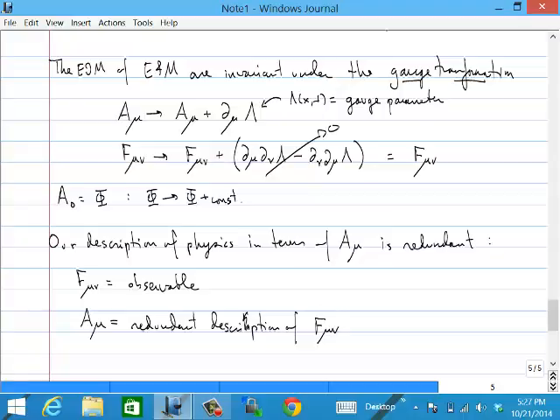The advantage of phrasing things in terms of A_mu, however, really can't be overstated, okay? Because the equations and the technology that we develop to describe electromagnetism is vastly simpler if we work in terms of the electromagnetic potential instead of in terms of the electromagnetic field strength.